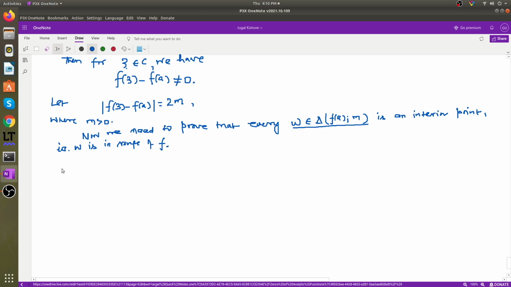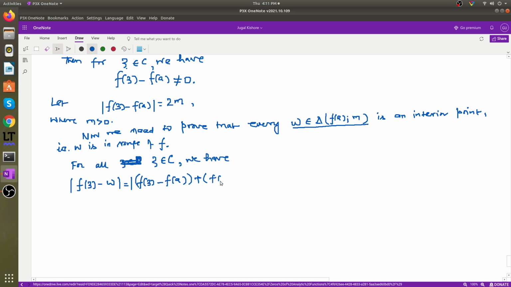Now for all zeta on the circle C, we have the modulus of f(zeta) minus w. I can write this as f(zeta) minus f(a) plus f(a) minus w.